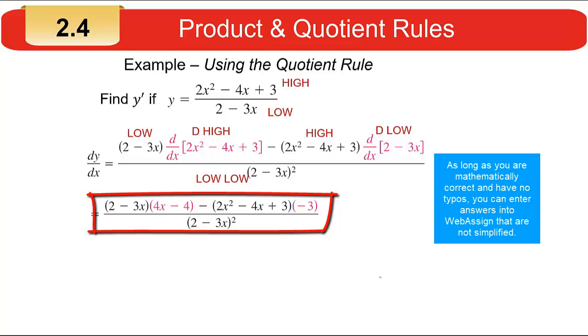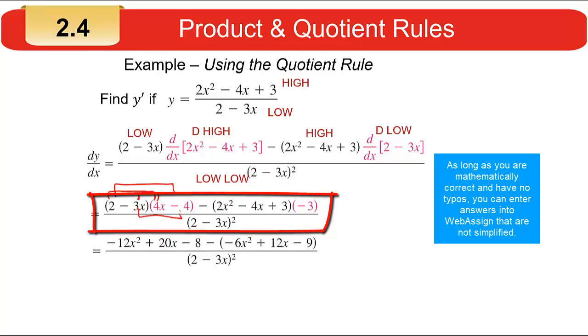WebAssign might very well accept that answer right there if you type it in carefully. Or maybe you could multiply the minus 3 by the minus sign and make it plus 3. Anyway, I'm going to go ahead and simplify it. If you want to play around with how simplified WebAssign will let you get by with on your answers, that's your call. But if you multiply out, use the FOIL method on this one, first, outer, inner, last.